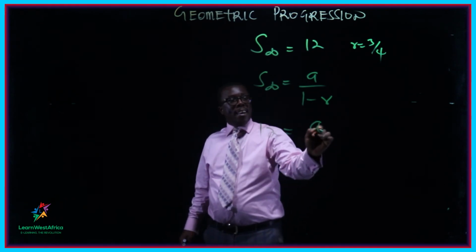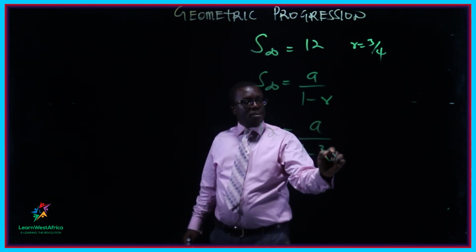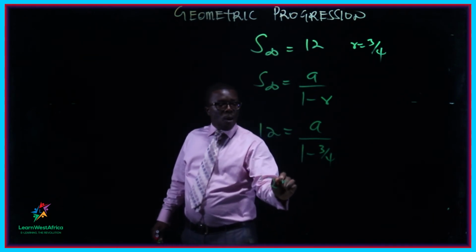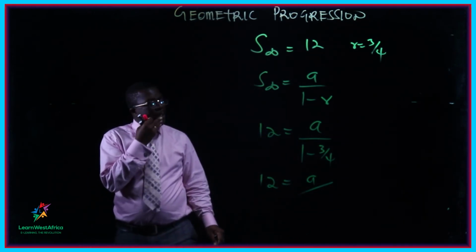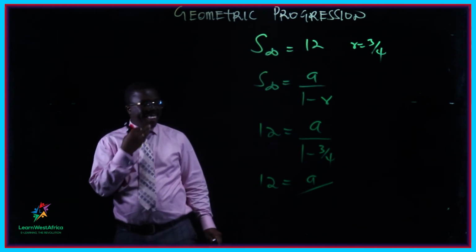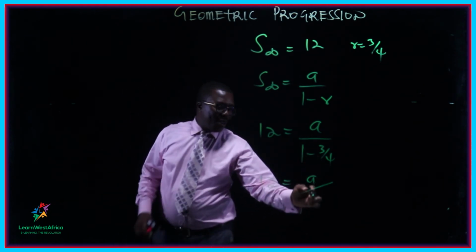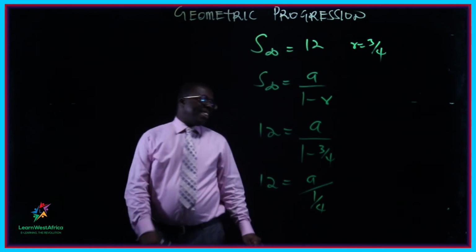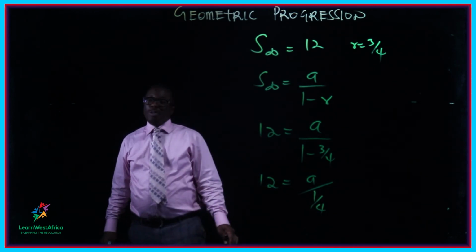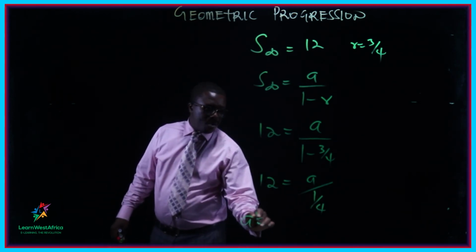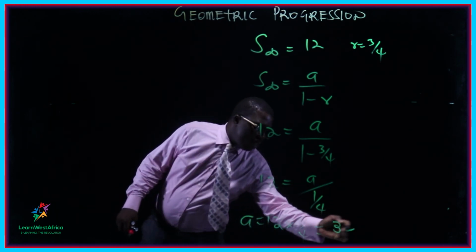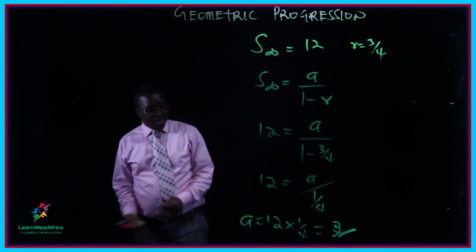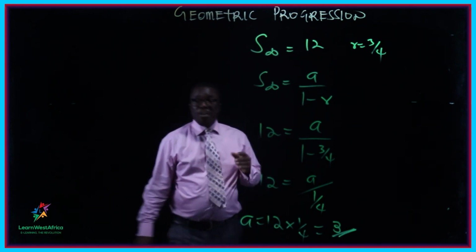So 12 is equal to a over 1 minus 3/4. What do we get for 1 minus 3/4? You're going to have 1/4 there. And what is your a? Your a will simply be 12 times 1/4. Your first term should give us a nice 3. So our first term is equal to 3.